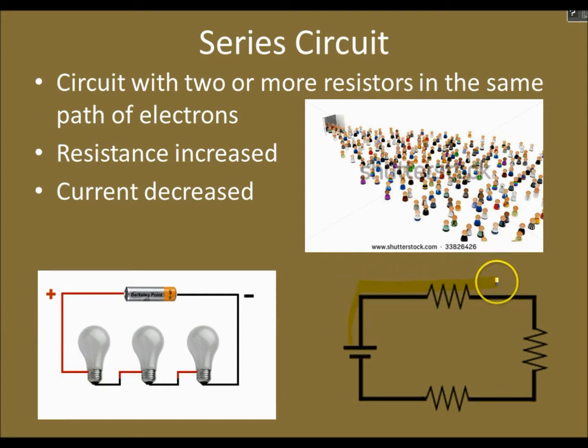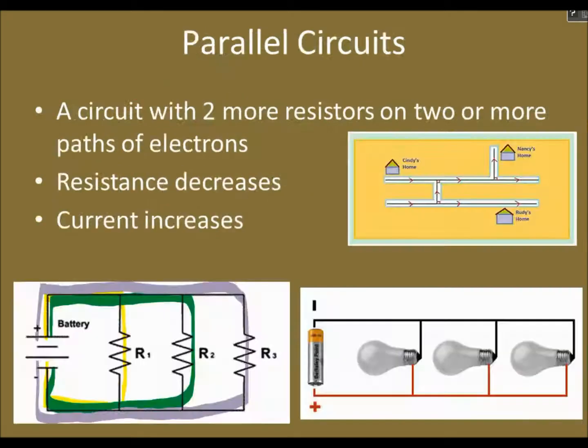I can't really see that one either, but the only way to go back to the battery without overlapping or going over the same place twice is to go through every single resistor. That is a series circuit. Going through different paths is a parallel circuit.